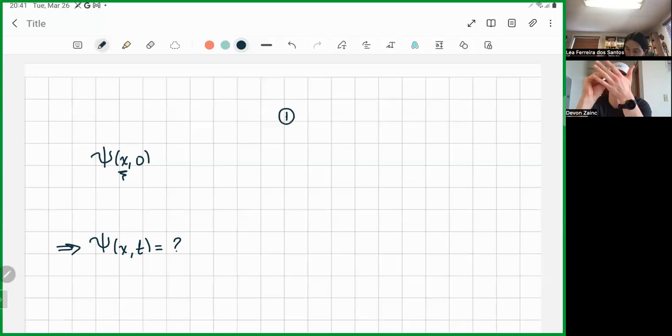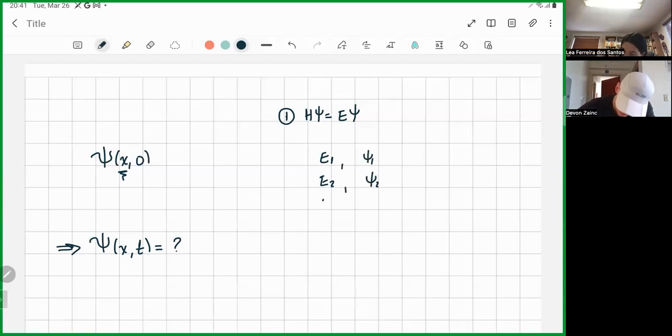What is the first step? The first step is solving Schrödinger's equation, the time-independent Schrödinger's equation, because we will need all of the energies and the corresponding eigenfunctions. So this is step number 1.